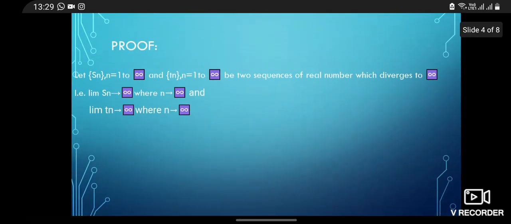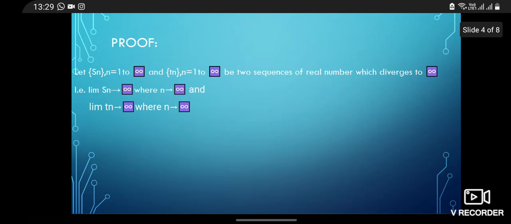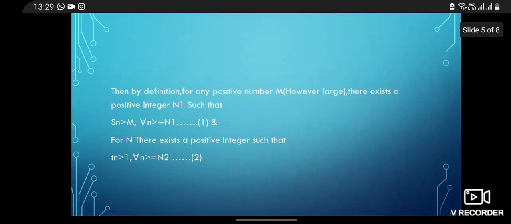So the proof of the theorem is: let sequence Sn where n is equal to 1 to infinity and sequence Tn where n is equal to 1 to infinity be two sequences of real numbers which diverge to infinity. That is, limit of Sn tends to infinity where n tends to infinity and limit of Tn tends to infinity where n tends to infinity.